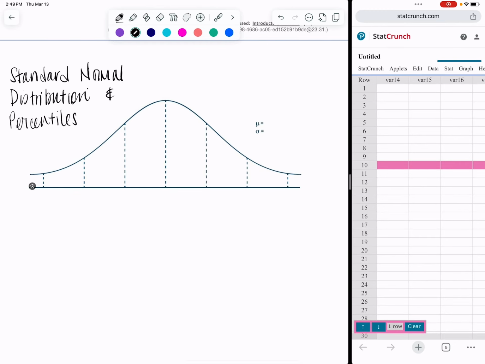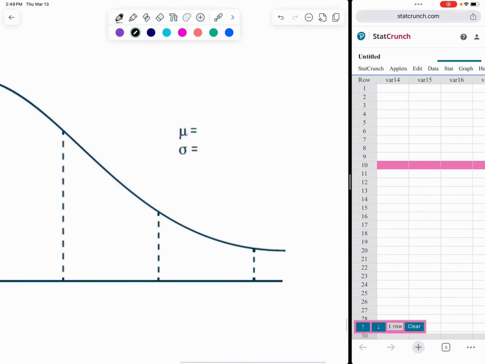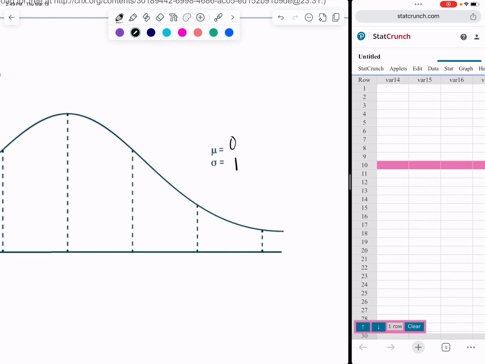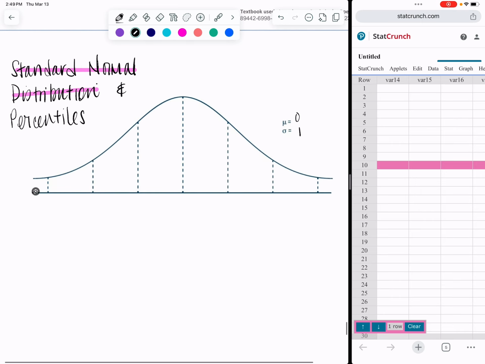Okay, let's see if we can connect the standard normal distribution to percentiles. Again, when you're dealing with the standard normal distribution, that means that you have a mean of 0 and a standard deviation of 1. Now, these things are still in all the same places. We have a 0.